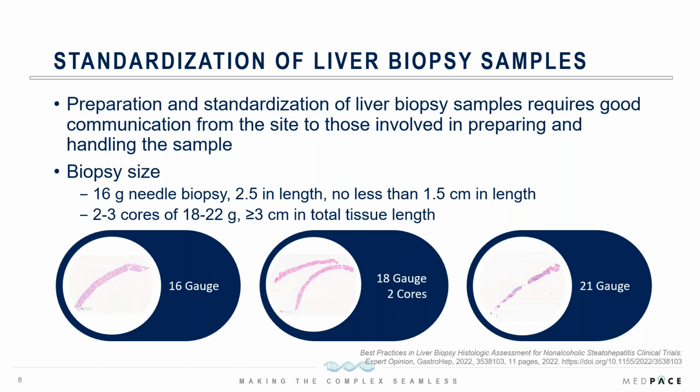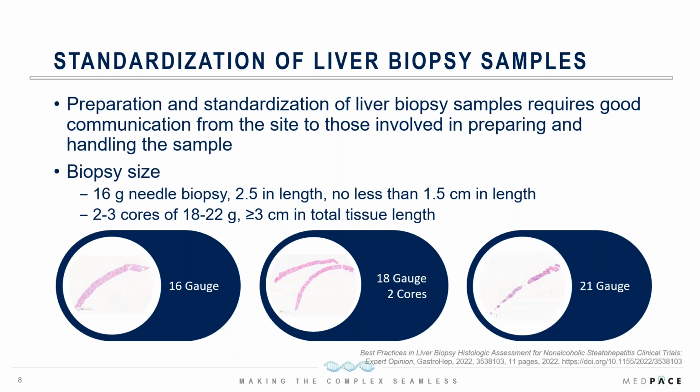Some places are hesitant or reluctant to use a 16-gauge needle biopsy, but if one can, the minimum length should be 1.5 centimeters, and up to 2.5 centimeters would be ideal. You can see on the bottom left panel an illustration of what a 16-gauge needle looks like.